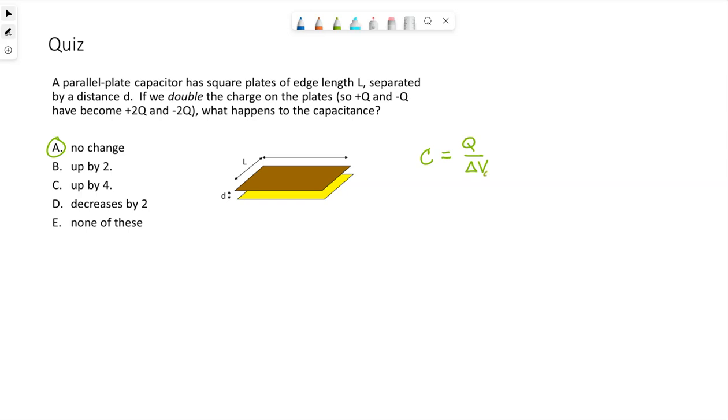So this equation is a wonderful relationship, but neither C nor delta V actually can change the capacitance. C is always determined by its construction, essentially, how it was made.